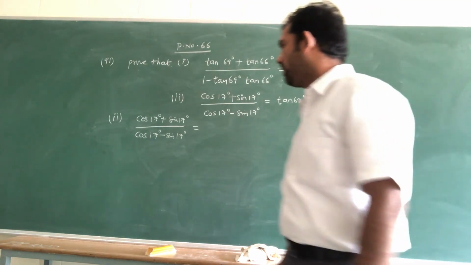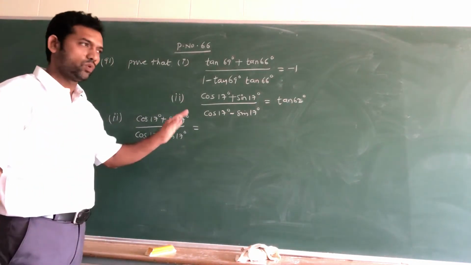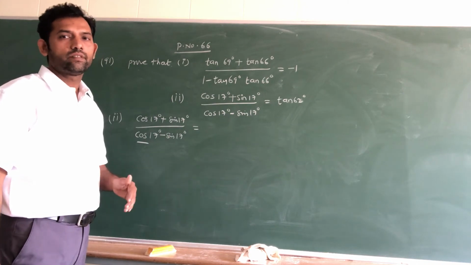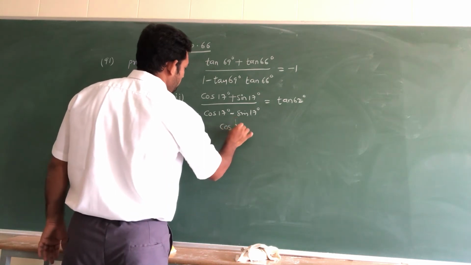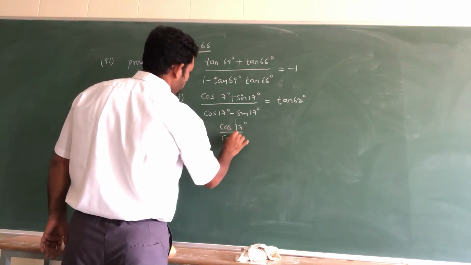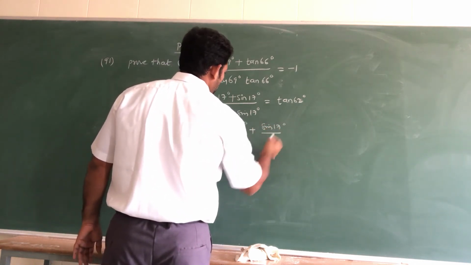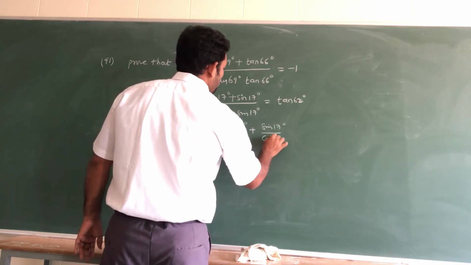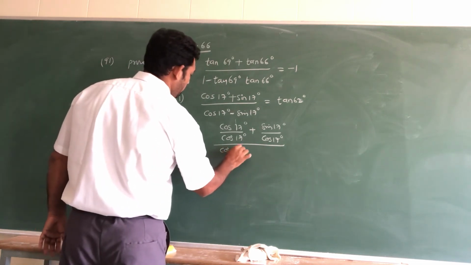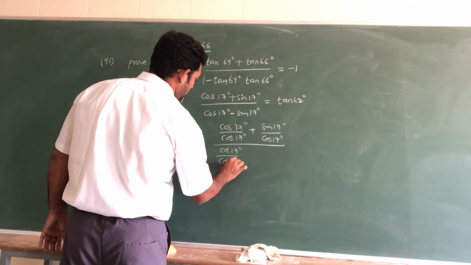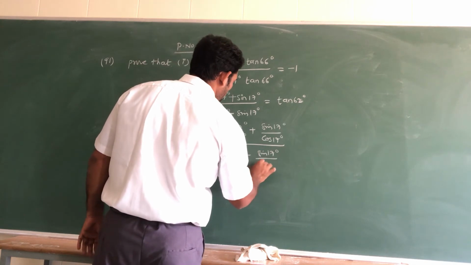That's why we divide throughout the equation by whatever is given. Here it is cos 17 degrees, so divide numerator and denominator by cos 17 degrees. Then we get cos 17 divided by cos 17 plus sin 17 divided by cos 17, whole divided by cos 17 divided by cos 17 minus sin 17 divided by cos 17.